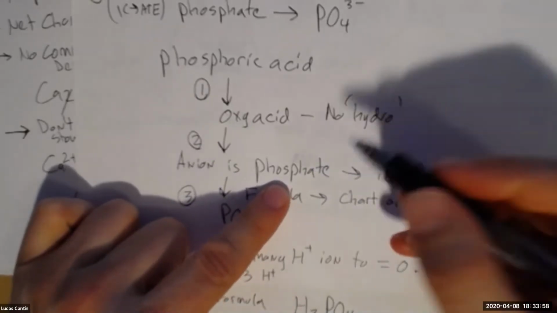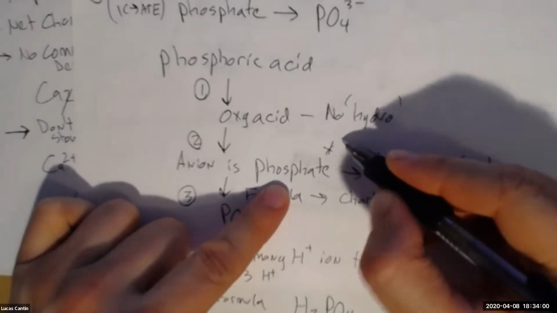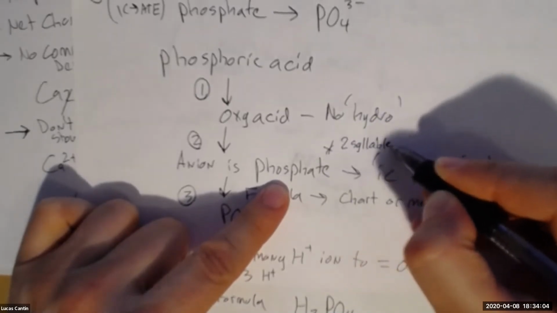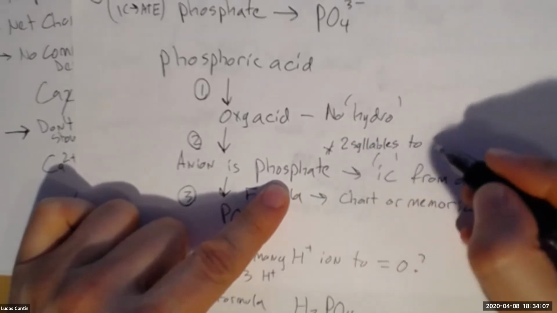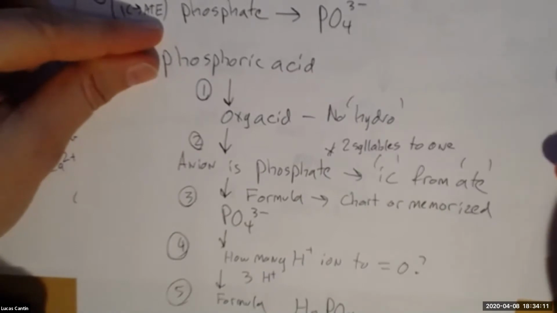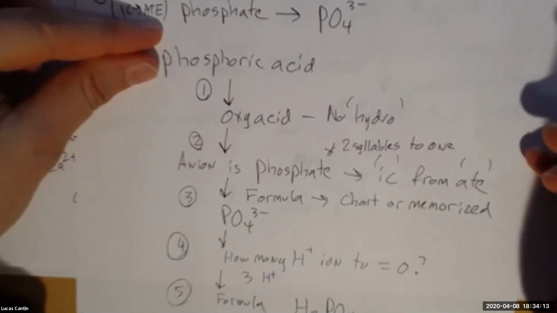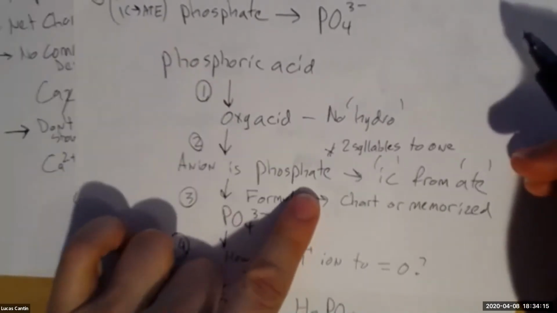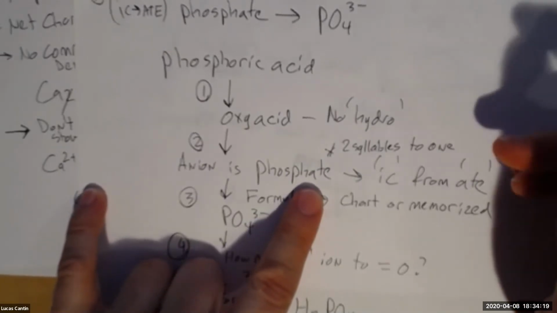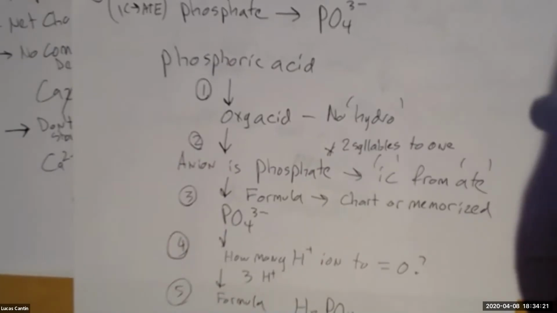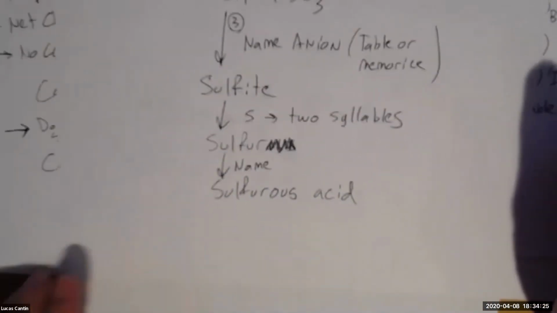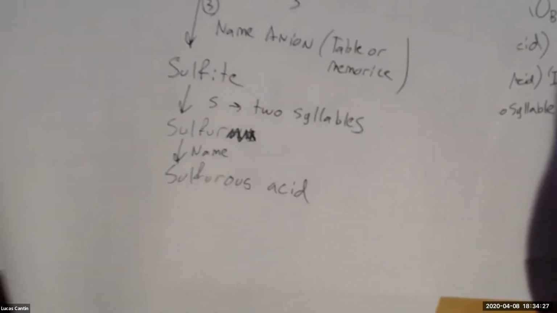It was going from 2 syllables to 1 going backwards, right? I'm being really picky here, but this is phosphoric. So I don't just say phosphorate, right? I lost a syllable. It just becomes phosphate when going backwards. Anyway, so that's the oxyacids.